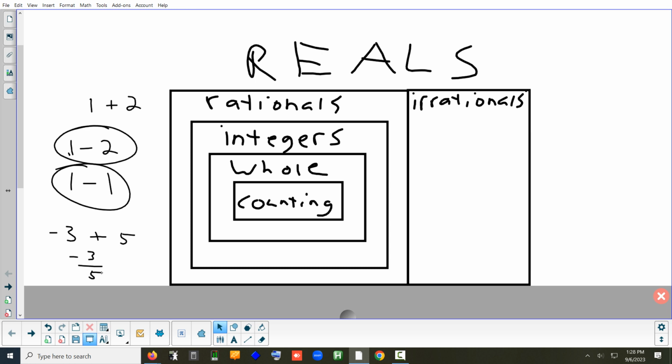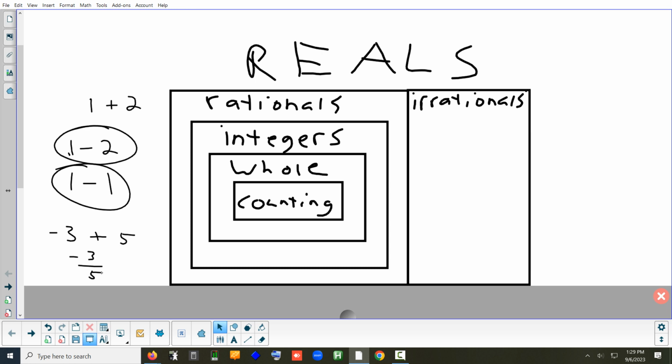So rationals are positives, negatives, zero, fractions, and decimals. And those are the numbers that you use in pretty much everyday life. When you buy something in a store, it might cost $10.32. That 32 is 32 hundredths of the next dollar. It's a fractional amount.